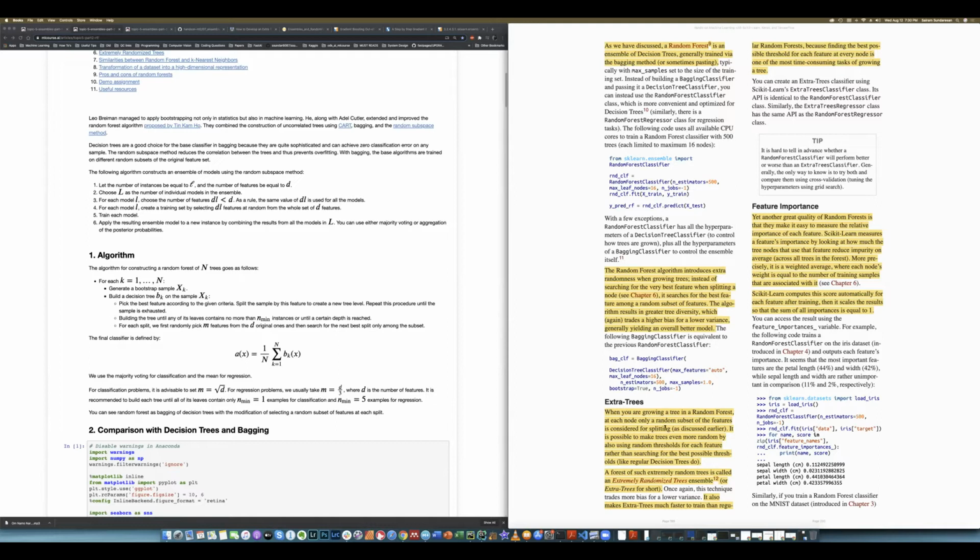So this makes it even faster than the random forest. And also in the process, by choosing random thresholds, you are trading more bias for lower variance. And because you're just choosing random thresholds and not trying to find the best threshold for each split, you can basically make this train a lot faster.